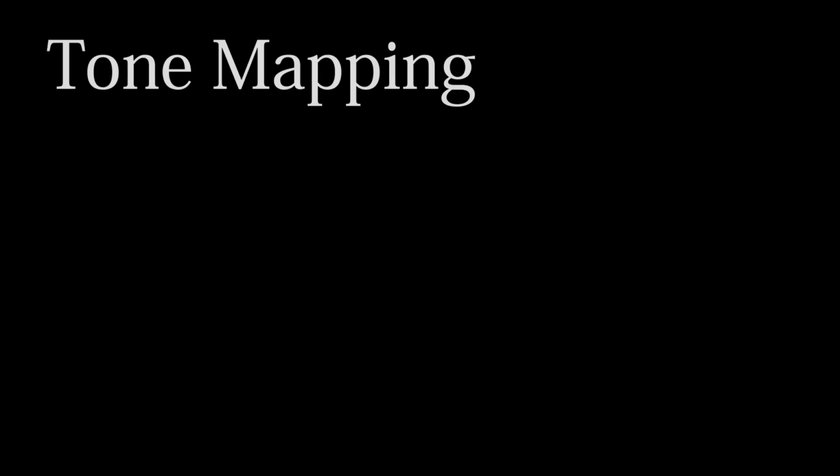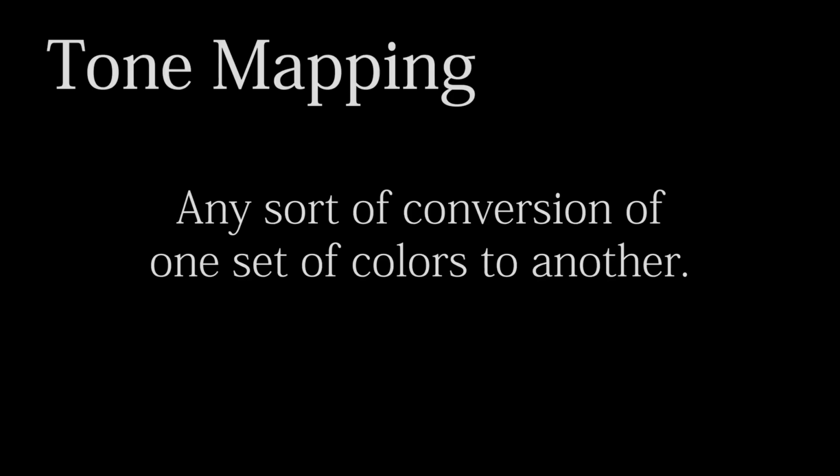Tone mapping is a general term referring to any sort of conversion of one set of colors to another. Usually it's to try and approximate a higher range of colors into a more limited range. For instance, while I mentioned earlier that in graphics the range of color is 0 to 1, that's not quite true.